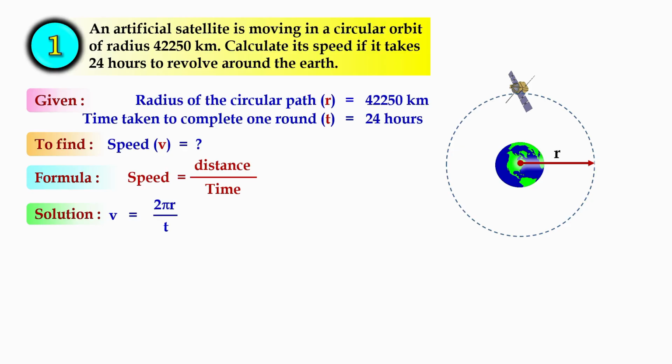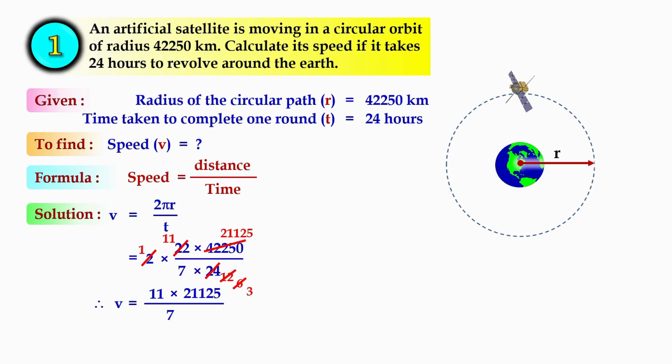So the speed becomes 2 multiplied by pi multiplied by the radius divided by time. Substituting the values, we get 2 multiplied by pi multiplied by 42,250 divided by 24. After solving this expression, we get the speed of the satellite. Therefore, the speed of the satellite is 11,065 kilometers per hour.